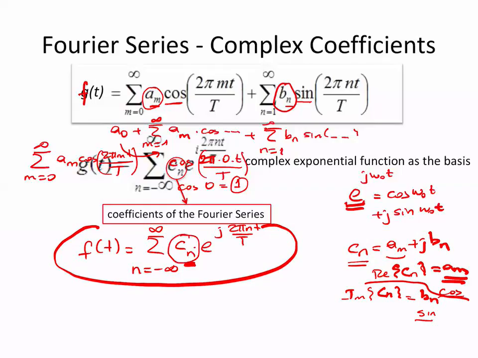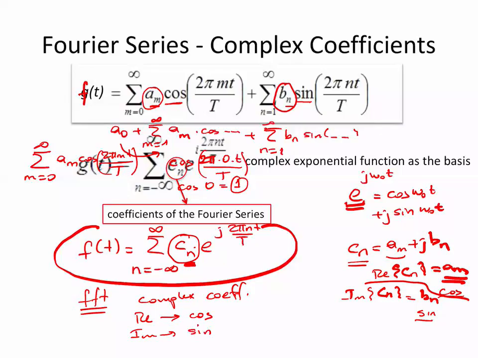It's also true for MATLAB. Using the FFT function, you're going to get complex coefficients. And for those coefficients, the real part will be related to cosine, and the imaginary part will be related to sine, okay?